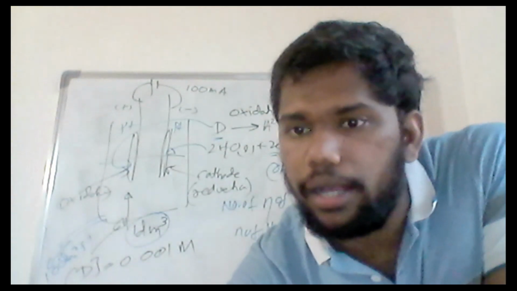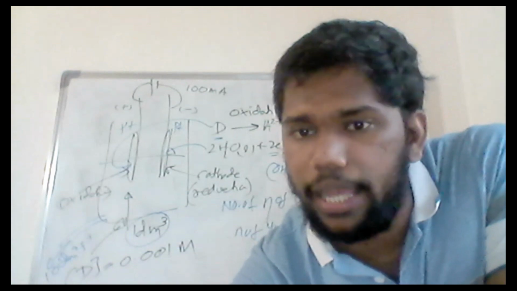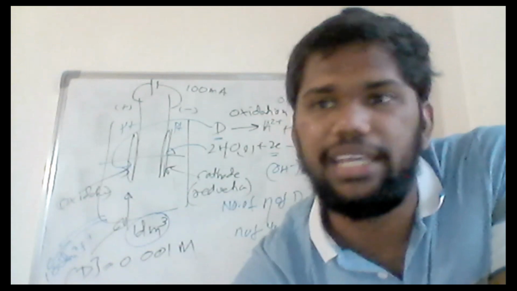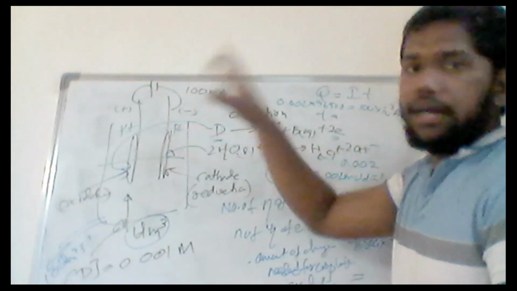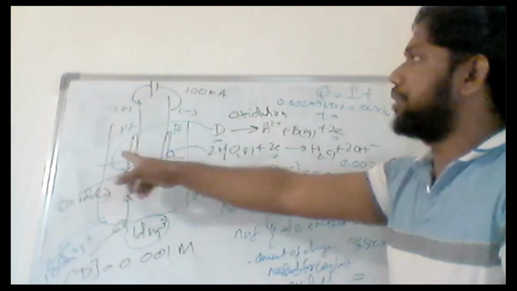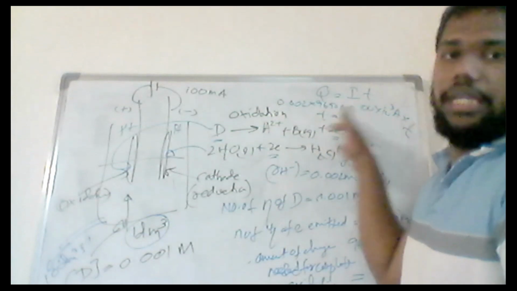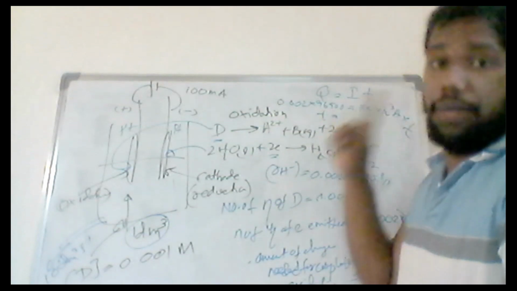Okay. At a rate of 10 decimeter cubes per second, calculate the minimum current that must be applied to the electrolyte. So the thing they are asking is, at a current of 100 milliampere, the complete oxidation of D needed some amount of time that we necessarily calculated in part 1.